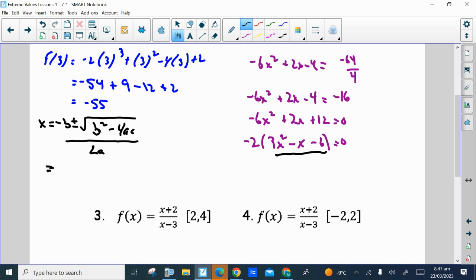The value of b there is negative 1, so negative 1 becomes positive 1. Plus and minus, again, the b, which is negative 1, is all squared, minus 4 times a times c, all over 2a, which will be 6.